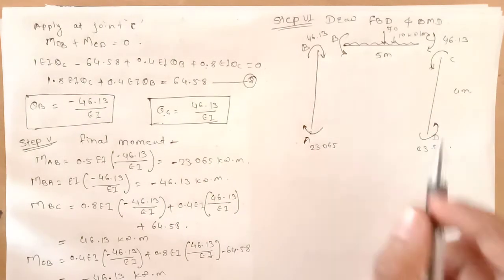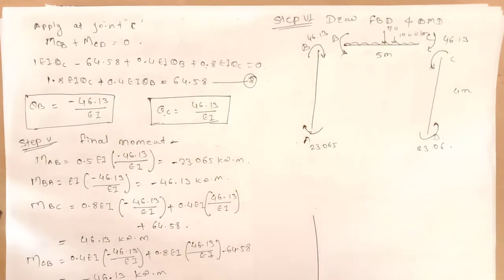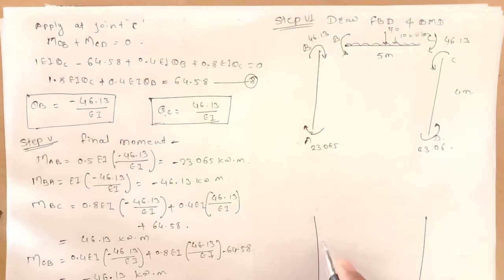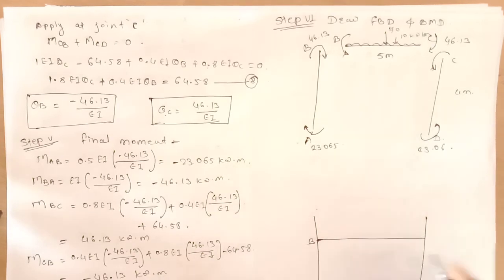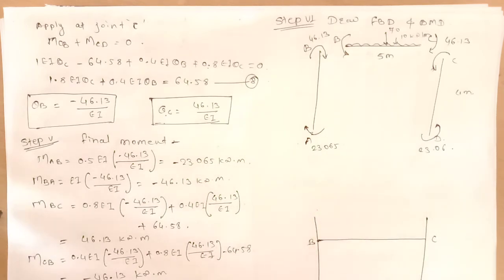Then next, from this diagram we draw the bending moment diagram. Here are points A, B, C and D. Then first, the end moment at member AB is 23.06, here 23.06 minus.